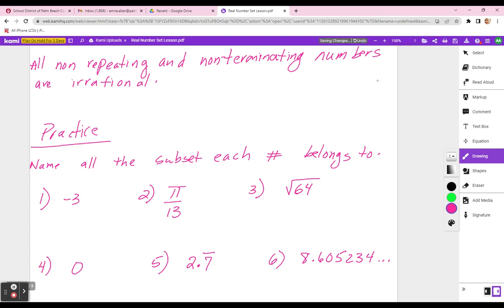All right, try these on your own. And this concludes this lesson on classifying real numbers.